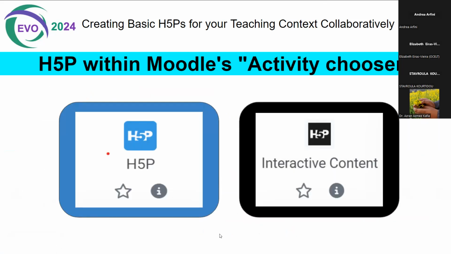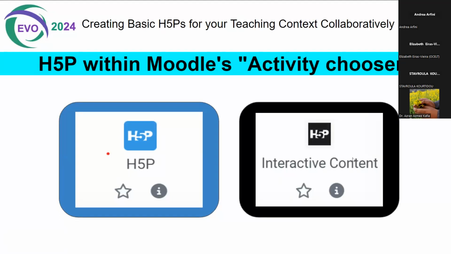And these are some icons. Some of you on Avenue know this one, H5P, and some of you know the black one, interactive content. Maybe you know it from EduLink. And this one is gone from Avenue, but we have the blue one, which means we create our stuff in the content bank, and then we upload it to the covering page or the activity itself from the activity chooser.